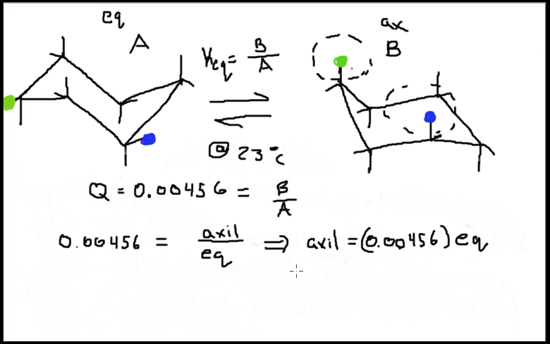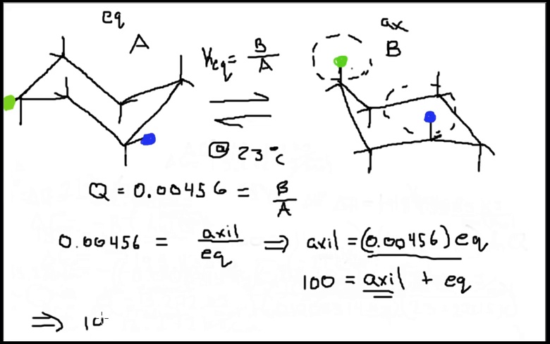And we can write another equation. If we think about percentages, percent is like how much out of 100. So we can say 100 is equal to the amount of the axial plus the amount of the equatorial. And we can just substitute axial here with all of this. So we have 100 equals 0.00456 times equatorial plus equatorial.